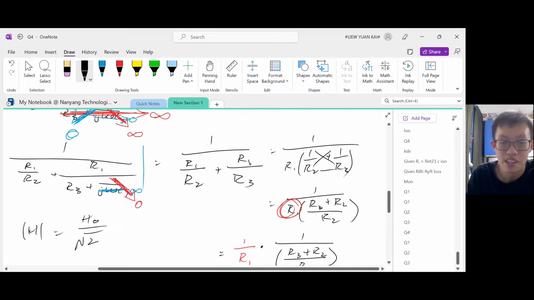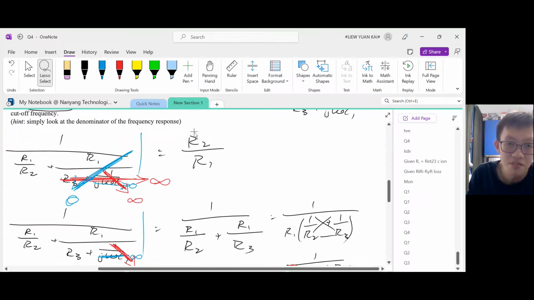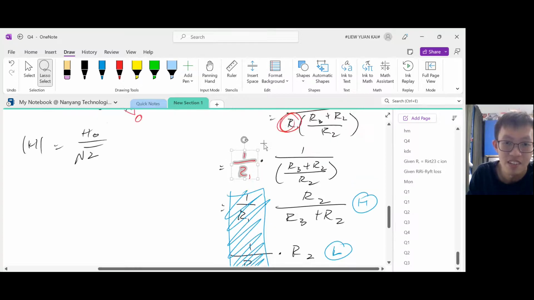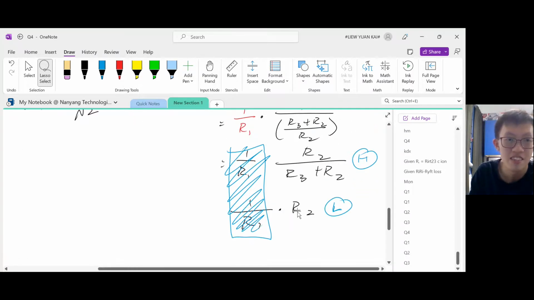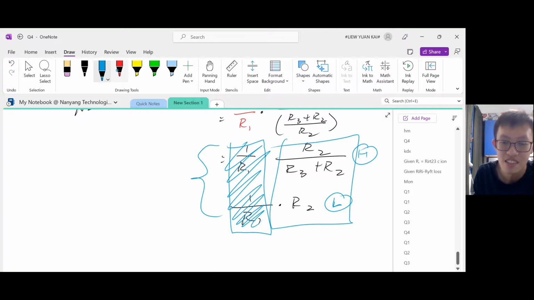That's why I re-manipulated it. You see, at first it was in a very ugly form, but then I had to re-manipulate it so that I can compare it fairly with this value here. I make it similar by taking out this 1 over R1, because this is just the same number multiplied by another number. So to determine the larger of the two, I just need to compare these two.